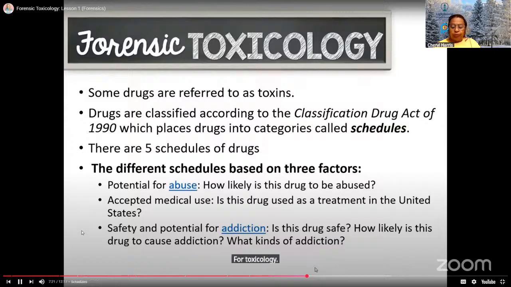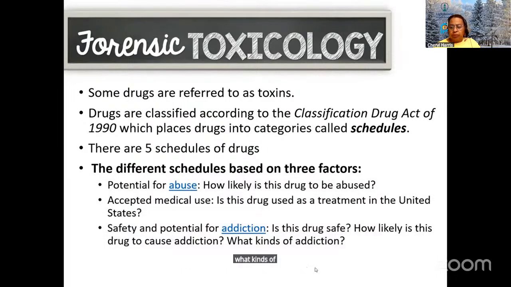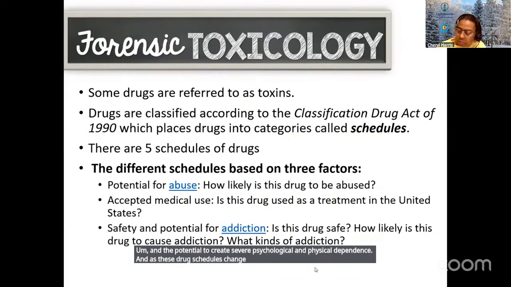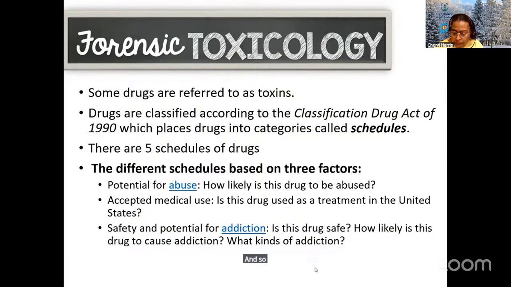So how likely is it this drug to cause addiction? What kinds of addiction? Because there's different levels within that. So Schedule 1 drugs have the highest potential for abuse and the potential to create severe psychological and physical dependence. As you move from Schedule 1 to Schedule 2 to Schedule 3, and so on, so does the potential for abuse. So your Schedule 5 drugs represent the least potential for abuse.